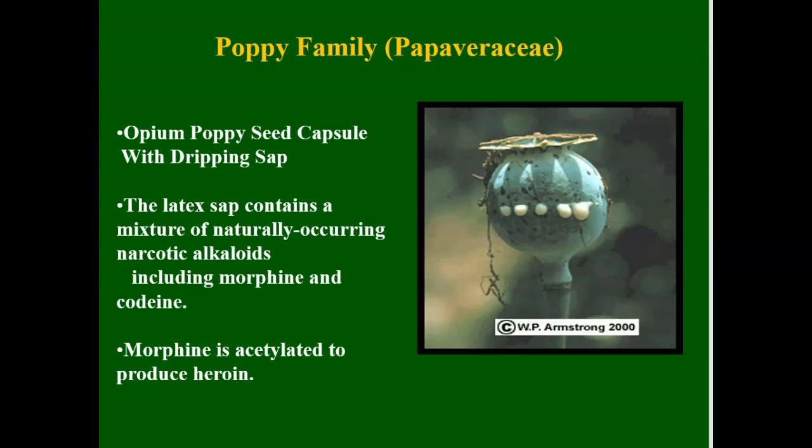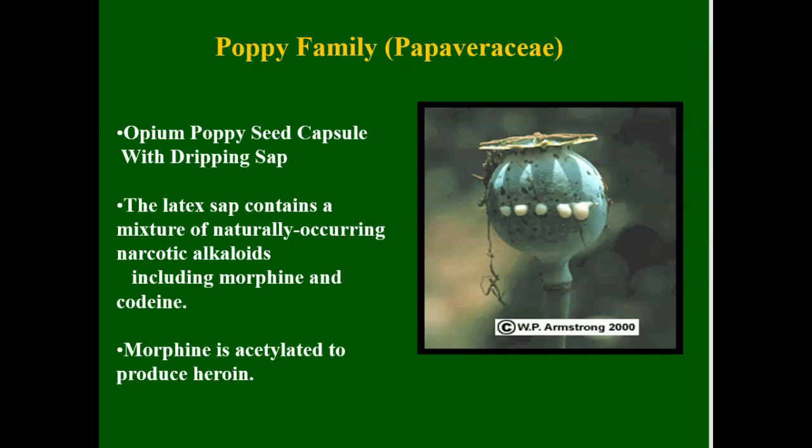Again, you're looking at an ovary here of a poppy. The way this works is all of this work is done by hand. People will go up with a razor blade and make a couple of slits in the poppy, sometimes more than one. Then the sap will ooze out and dry overnight or by the next day onto the capsule.